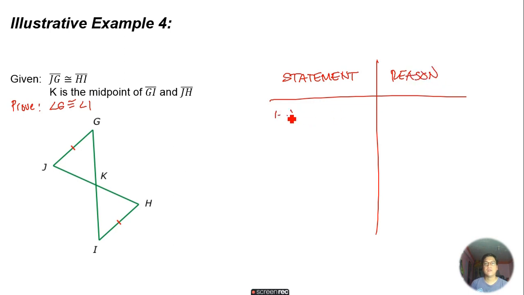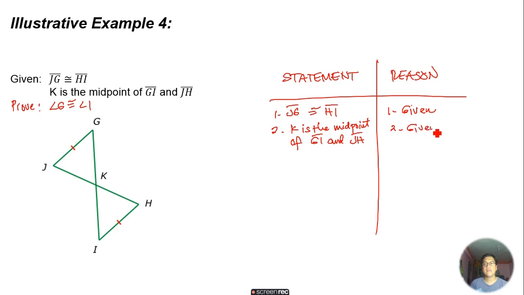Number 1, JG is congruent to HI. Reason is given. Next, number 2, K is the midpoint. We're already given a clue. K is the midpoint of GI and JH. Reason is still given.